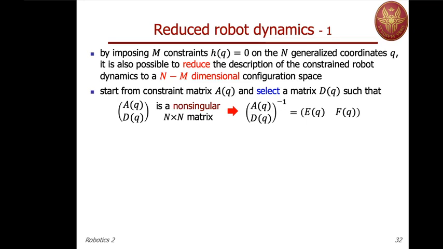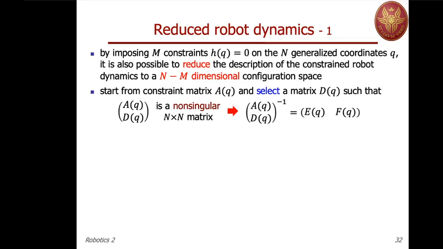But suppose that you have found an expression for D of q, and that this matrix is non-singular. So not only the rows of D are independent, but they are also independent from the rows of the matrix A, which are assumed to be independent from the start. Since A and D organized in rows, stacked one on top of the other, is non-singular, there exists an inverse.